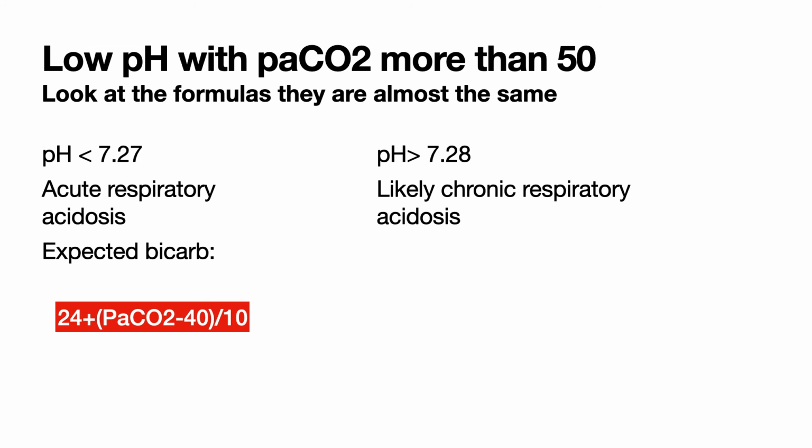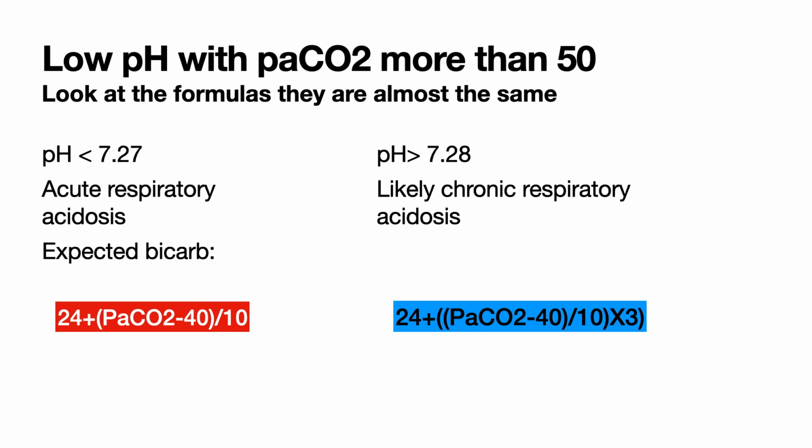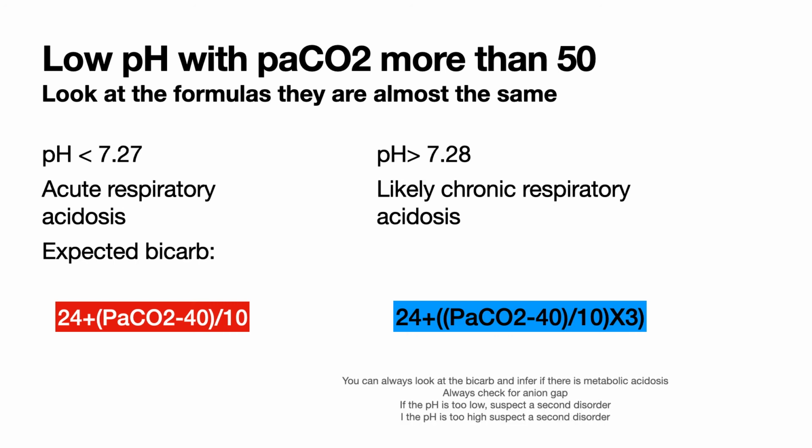And this is when the numbers I'm telling you come in handy, because just look at the formulas, and the formulas don't really change much. It's always PaCO2 minus 40, divided by 10, plus 24. And then it's PaCO2 minus 40, divided by 10, times 3, plus 24. So here, you can always look at the bicarb and infer if there is metabolic acidosis, check how bad the pH is, check for obvious stuff.